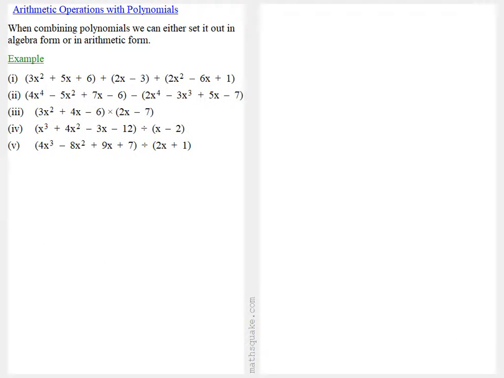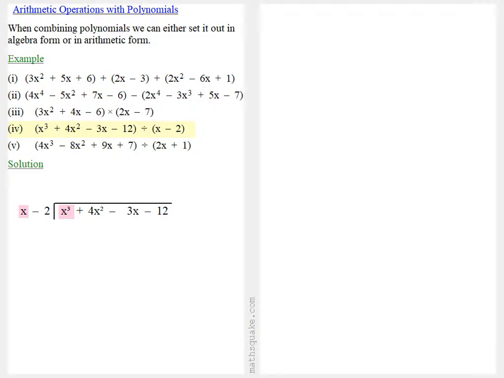Now in part 4, we do a long division sum. These are worth learning. You should know how to do long division algebra sums. They will come up over and over again in further questions. We divide x cubed plus 4x squared minus 3x minus 12 by x minus 2, and we set it out exactly like a long division sum.